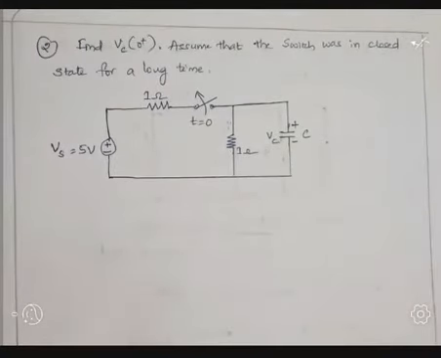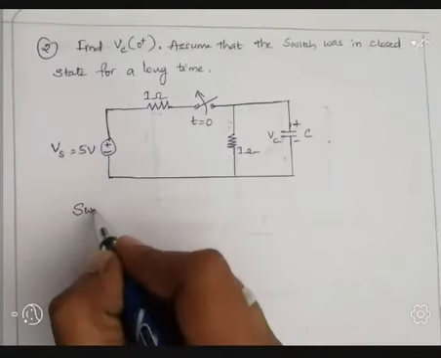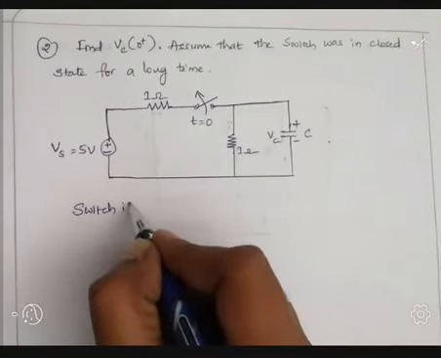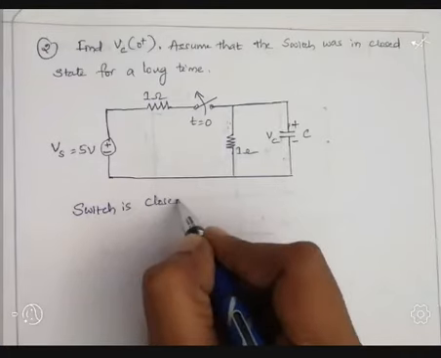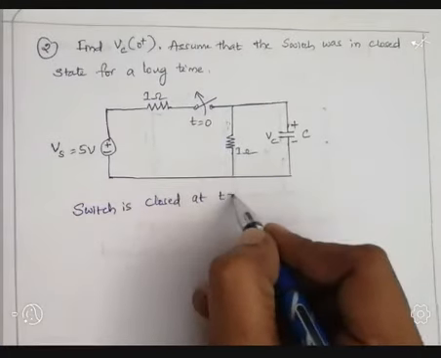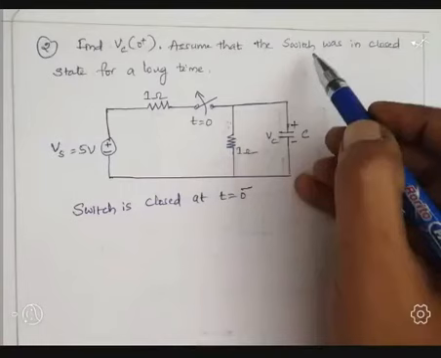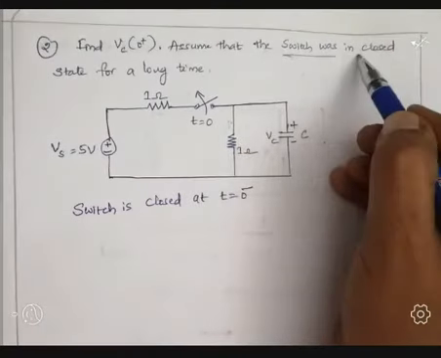As per the given data, the symbol for the switch implies that it is closed. The switch is closed at t equal to 0 minus. The switch was in the closed state for a long time.